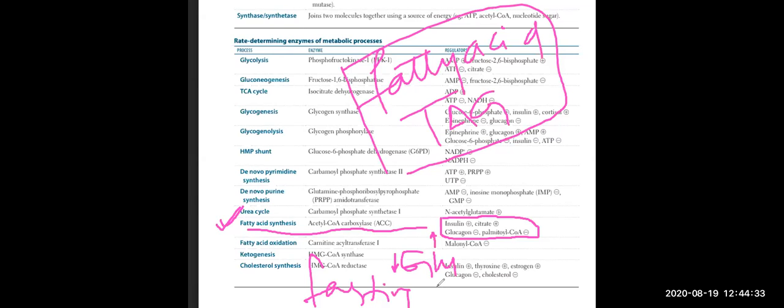So when you're in a fasting state and your blood sugar level is low, the pancreas alpha cell secretes this glucagon hormone, and that glucagon will inhibit this cycle. More glucagon will be secreted, and that glucagon will inhibit this fatty acid synthesis, because we are already in fasting state and our glucose levels are low. We do not need more fat breakdown.